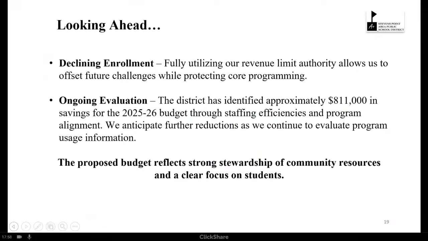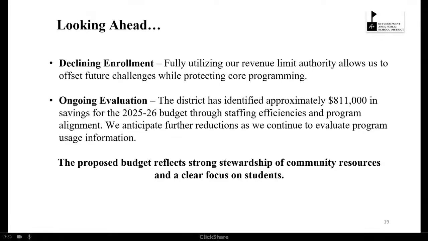Okay, looking ahead, we want to be mindful that we are experiencing declining enrollment. So we want to be thinking about that as we move forward. Fully utilizing our revenue limit authority allows us to offset future challenges while protecting core programming. We also want these funds to last, so we have to continue our ongoing evaluation.